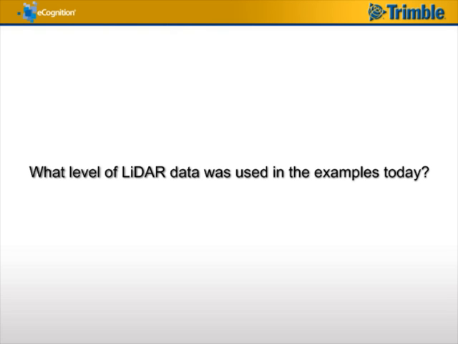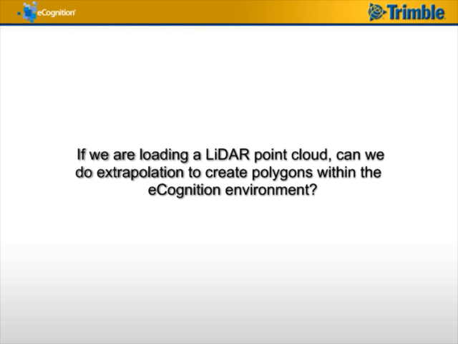Question is, if you're loading a LiDAR point cloud, can you actually do an extrapolation to create polygons within the eCognition environment? So meaning if you load a point cloud, can you utilize it to segment? That's what I understand. And as I said before, eCognition can go down two approaches for LiDAR analysis. One would be to segment on, for example, image data only.